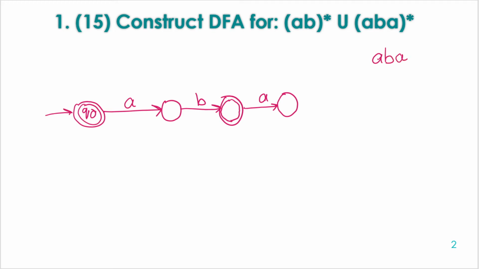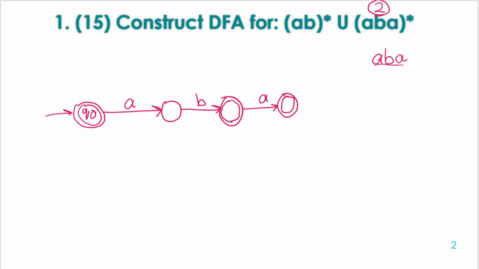AB can be part of the first pattern, and ABA can also be part of the second pattern. Both are compatible till this point, and ABA must be acceptable according to the second pattern. So this state will also be a final state.